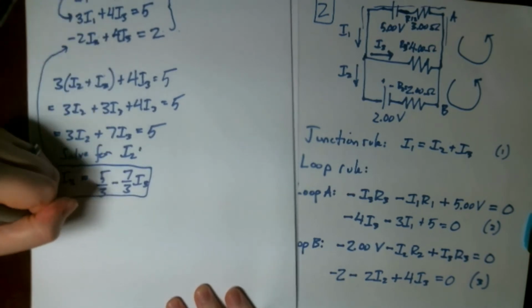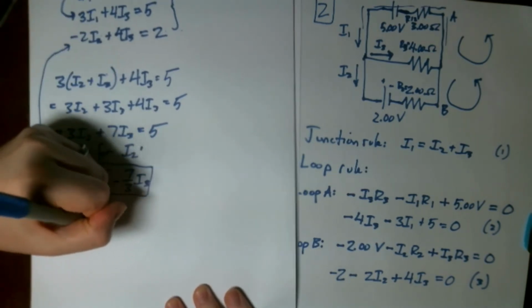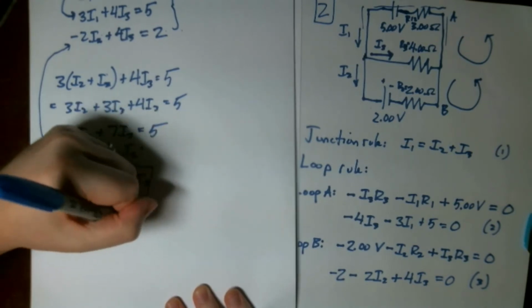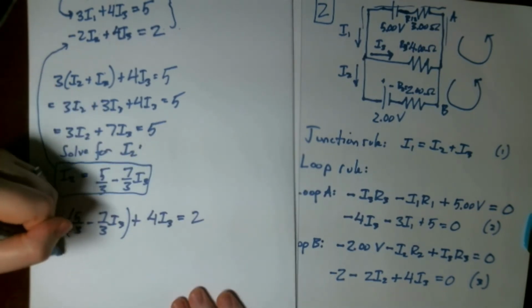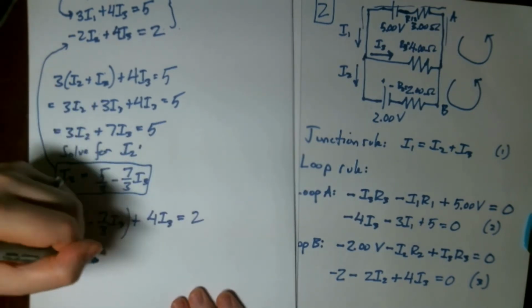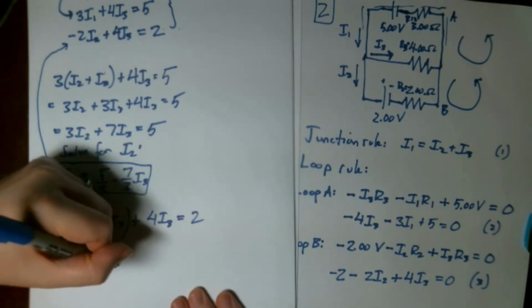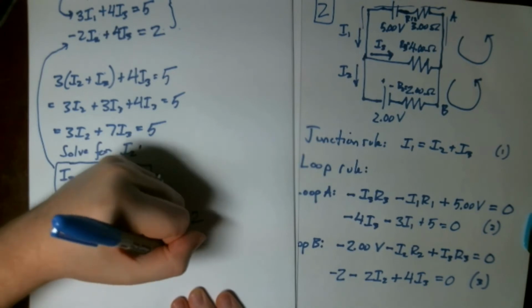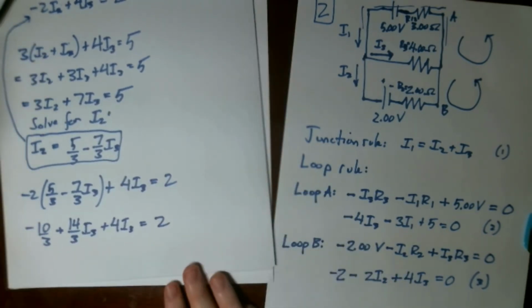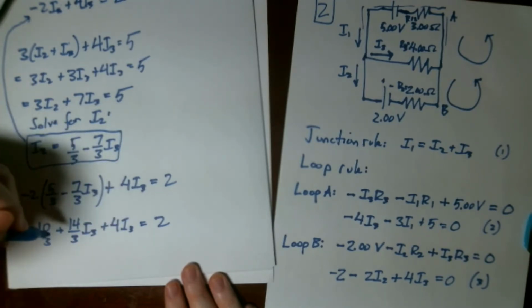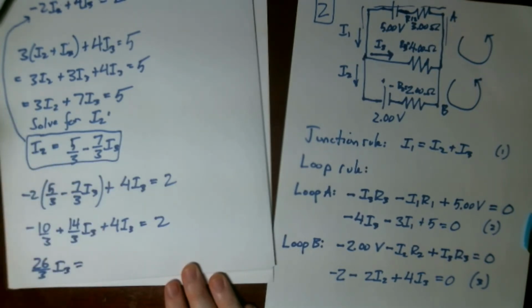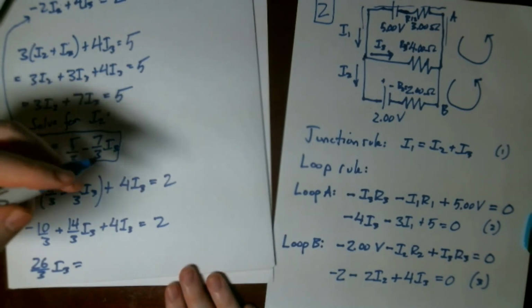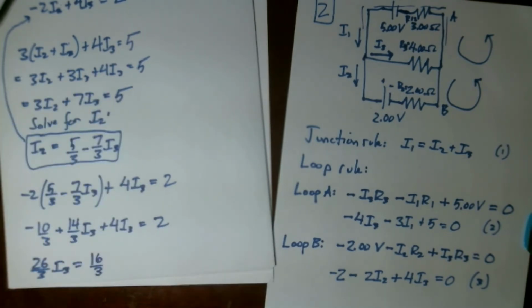So let's see, we've got negative 2 times (5/3 minus 7/3 I3) plus 4 I3 equals 2. So we'll have negative 10/3 plus 14/3 I3 plus 4 I3 equals 2. And combining like terms, 14/3 plus 12/3, so we have 26/3 I3 equals 16/3.